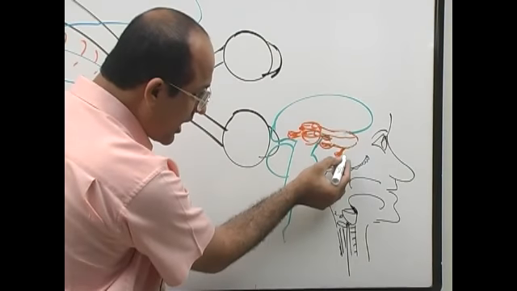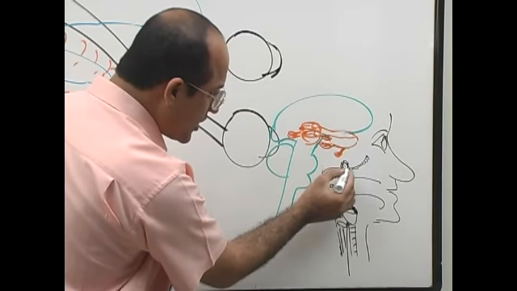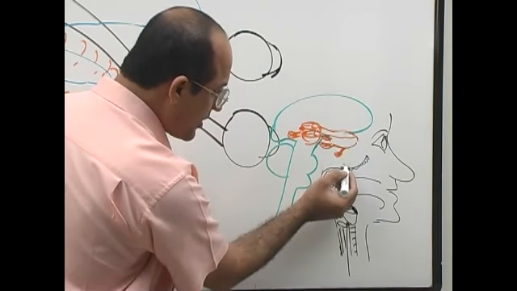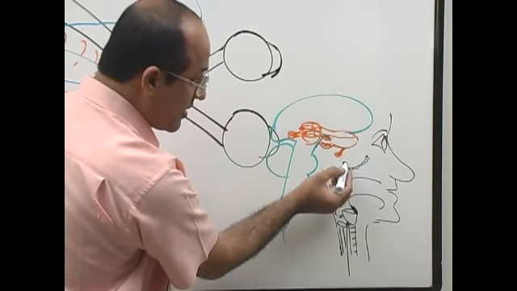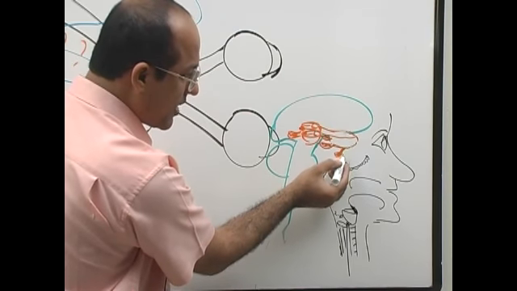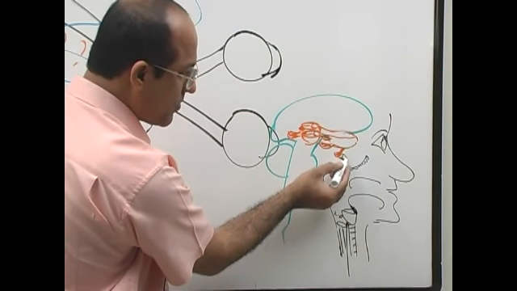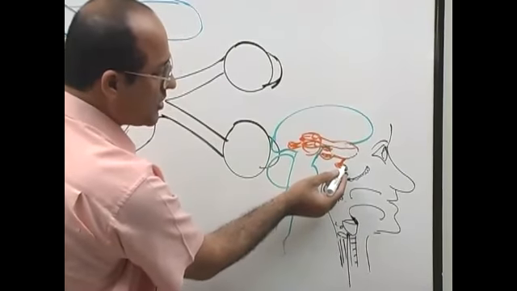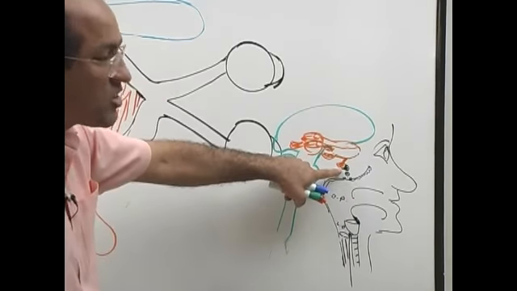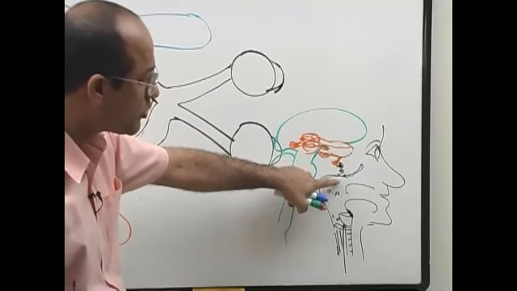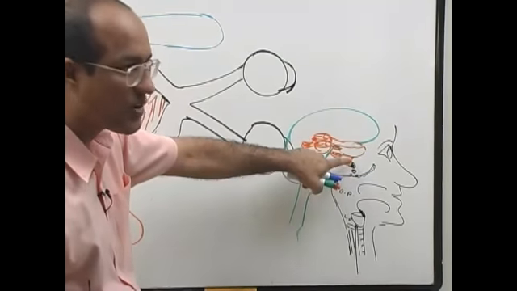When this invagination starts going upward, it detaches from here. This pouch has developed upward. It keeps on moving upward until it comes here and sticks to this. This is anterior pituitary. So anterior pituitary is developing from a special pouch derived from nasopharynx embryologically, which moves upward.